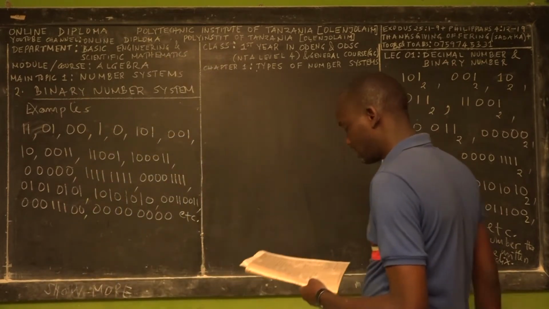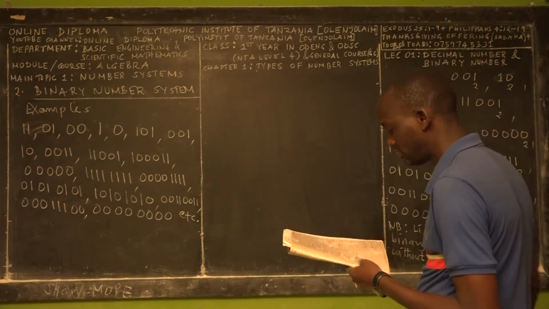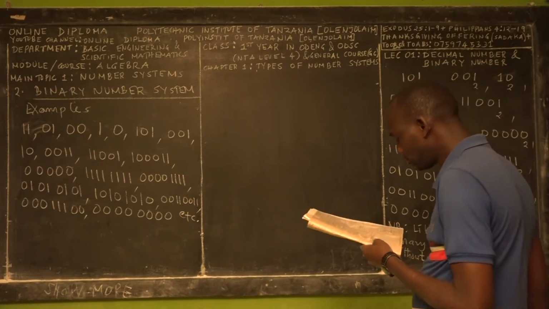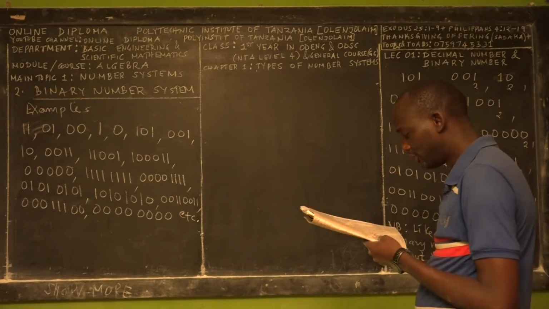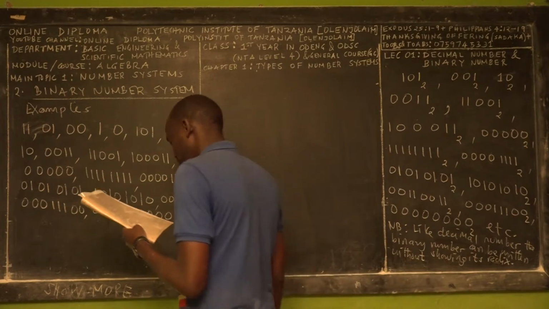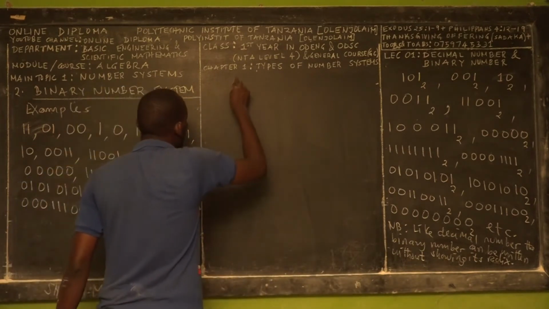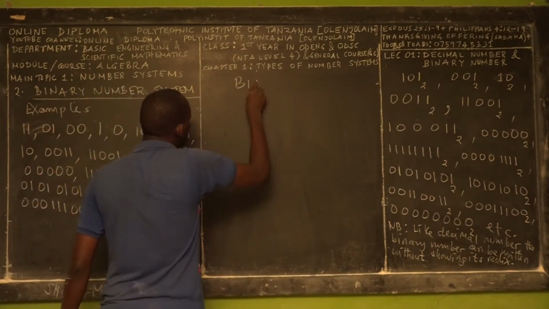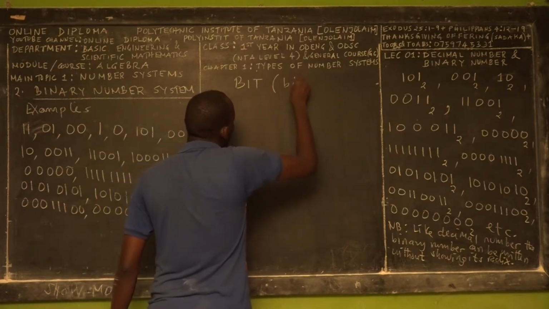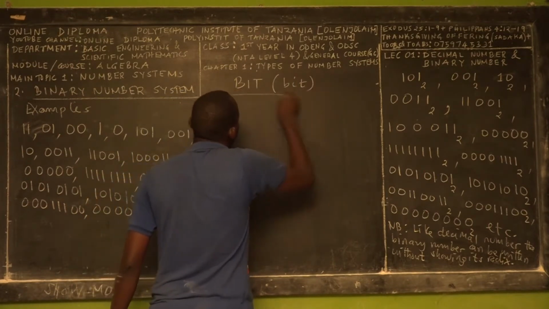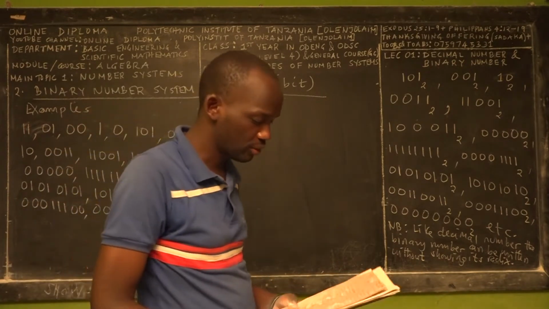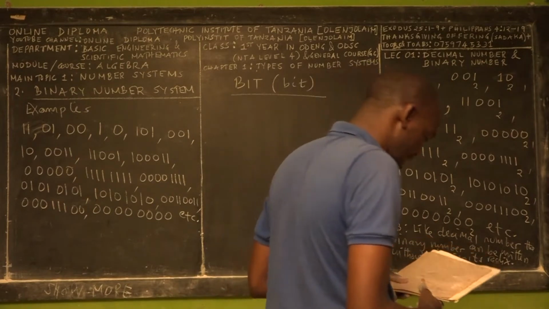Wonderful. So those are the examples of binary number system. But now let us talk a little bit about a terminology that we call bit. This is a very important terminology in binary language.